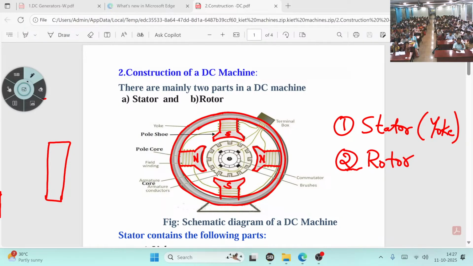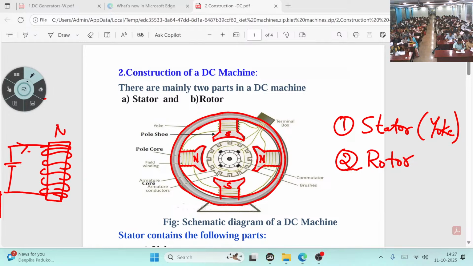If I wind a winding around this, current will flow. So whenever current flows here, this iron piece will act as the north pole or south pole.